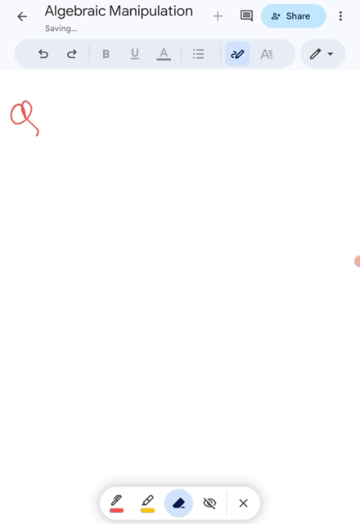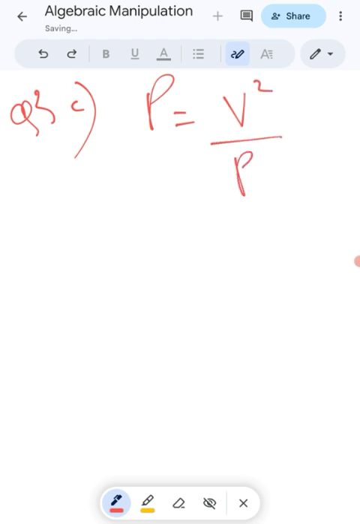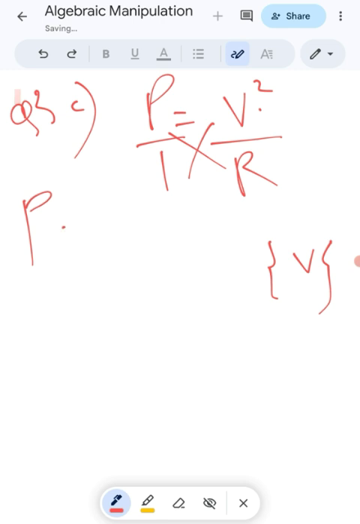Moving on towards part C. So that says P is equal to V square upon R, and V had to be made the subject. Okay, how to make it out? Upon 1, simply cross multiply. P multiplied by R is your PR. PR is equal to V square.